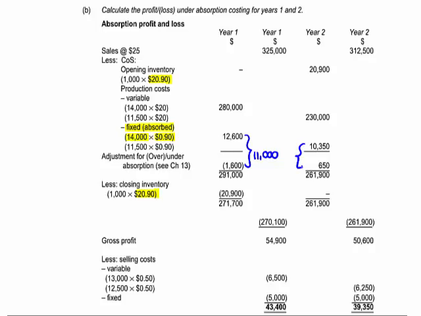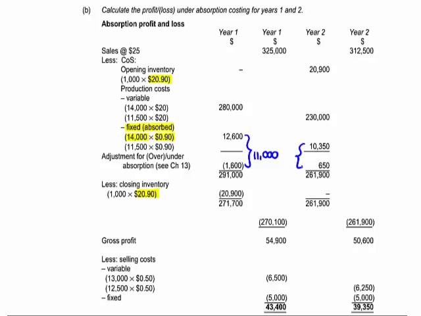So we have an adjustment for under or over absorption, and that adjustment is basically to bring the amount of fixed overheads absorbed in line with the amount that's incurred, the value of the invoices. And that will be explored further in chapter 13.